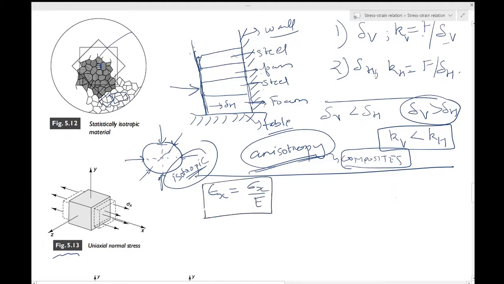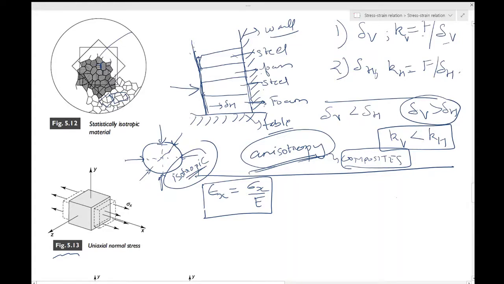As I've said, you take one step at a time, and this is the first step. This is the form of Hooke's law for uniaxial loading, and we first discussed this in section 2.2. If you go back to section 2.2 right now, you will recall why this is Hooke's law.